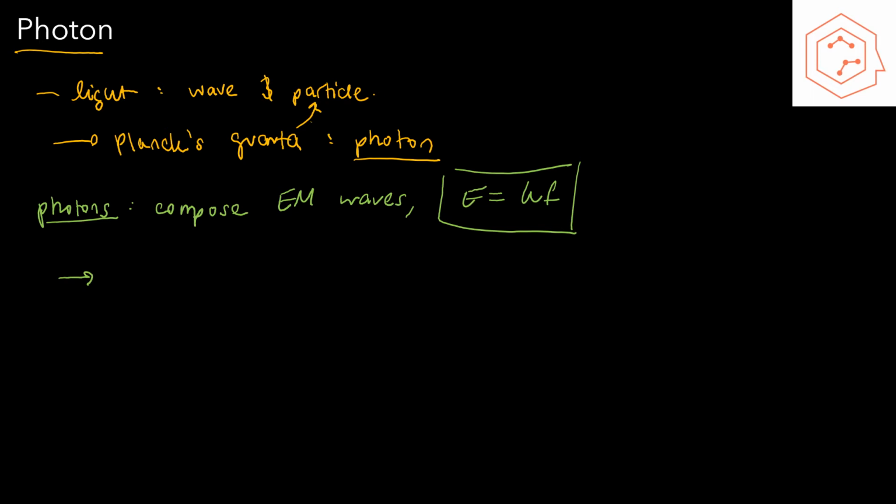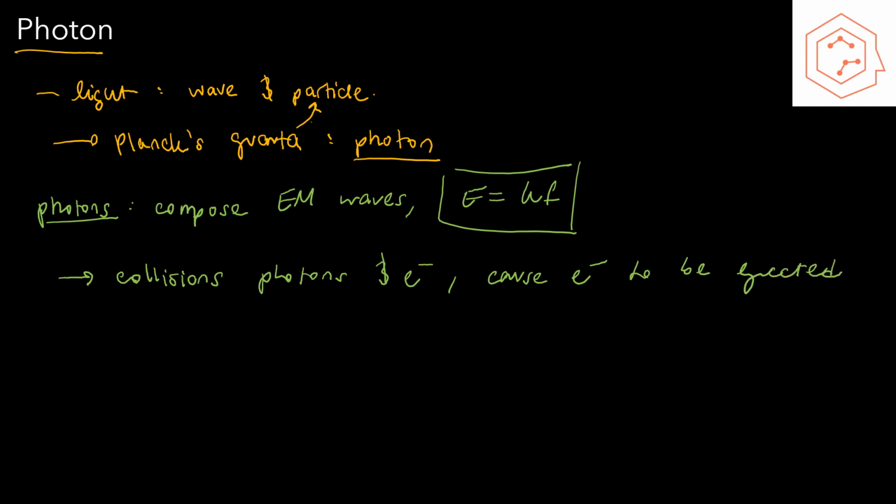And it was these photons, or the collisions between photons and electrons, that caused the electron to be ejected. And so it's the photon that is responsible for the photoelectric effect.